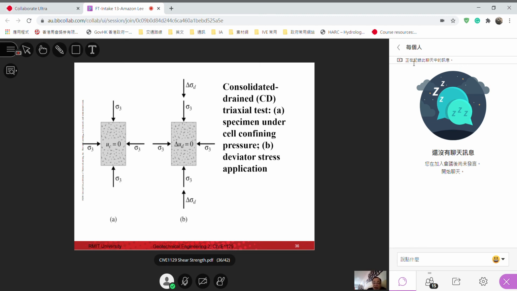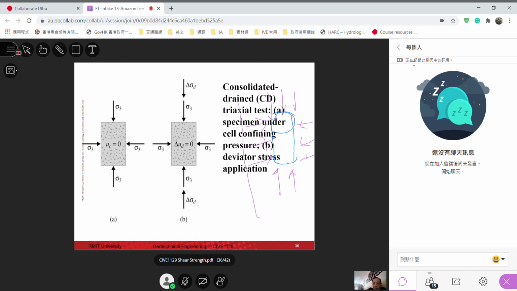Now the concept of the triaxial drained test. First talk about the drained test. On the diagram, we have a soil sample, cut in a cylindrical shape, mounted in the triaxial cell, and then we first allow the water to go in and completely submerge the entire specimen, and from that we apply the water pressure.